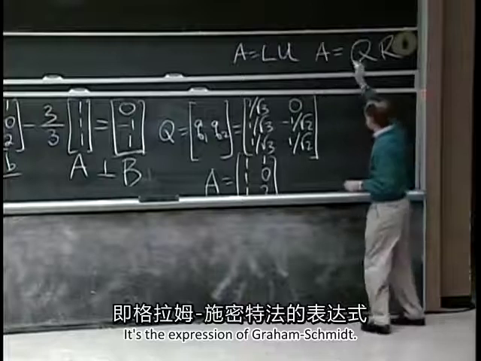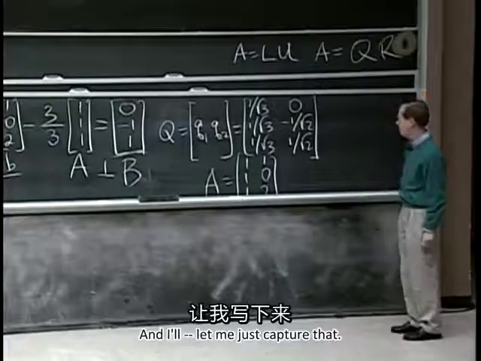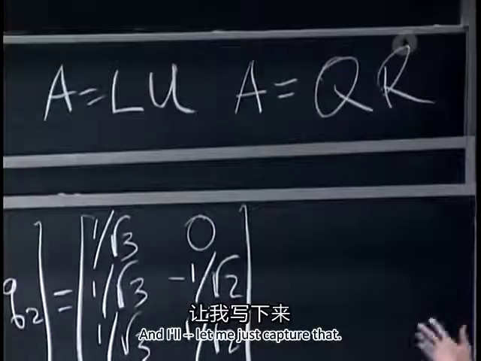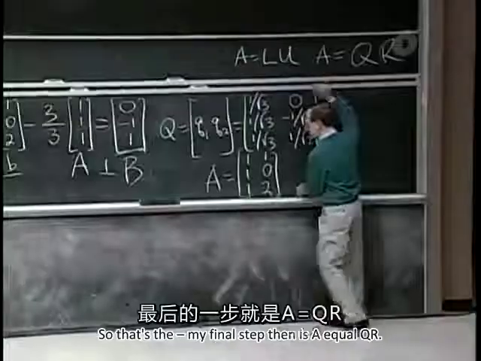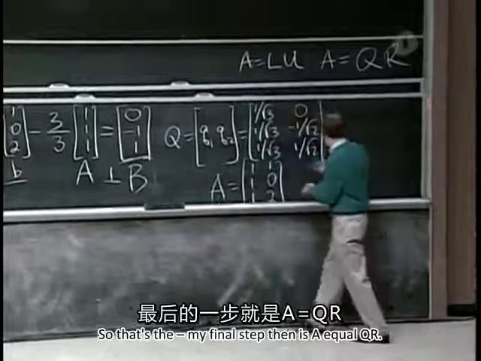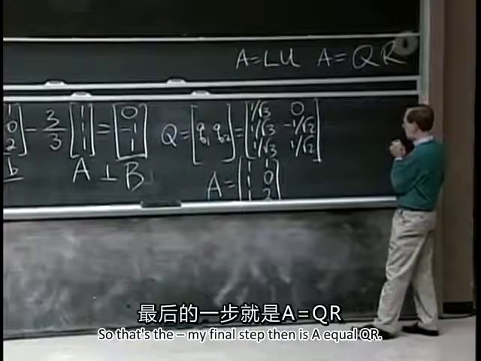It's the expression of Gram-Schmidt. And let me just capture that. So that's my final step then, A equals QR.